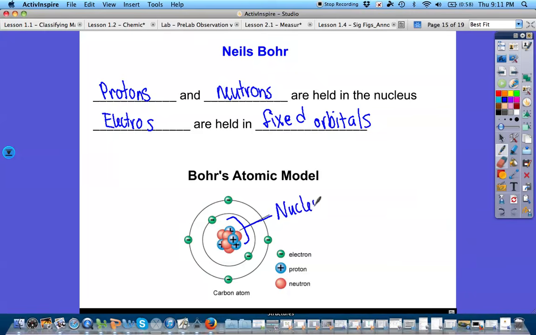And then on the rings around it are the electrons, which are found in the green. So even though this isn't our current atomic model, Bohr models do help us learn about the makeup of an atom. And so we'll talk more about that later on in this unit.